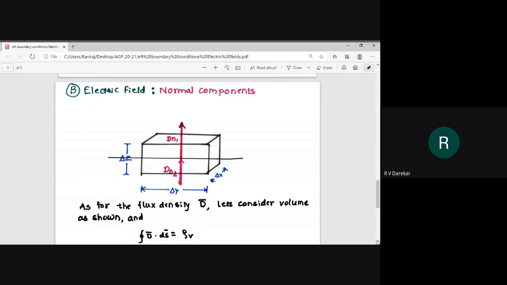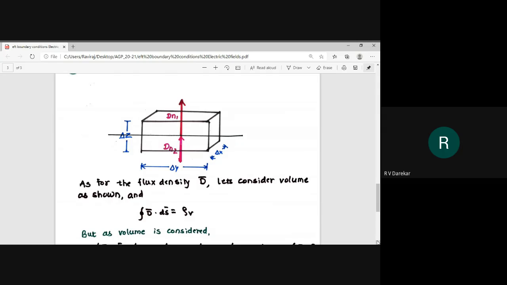In the case of the electric field, considering the normal component, we can see that normal components are indicated perpendicular to the surface, but here we have indicated a volume instead of a plane surface, and the volume is defined with the structure in front of you.